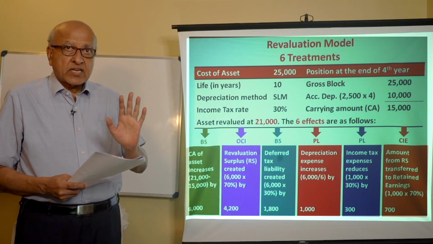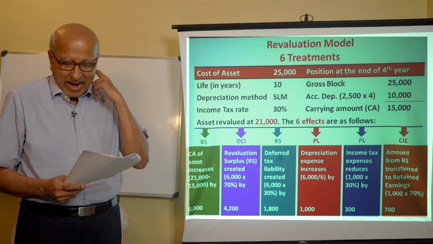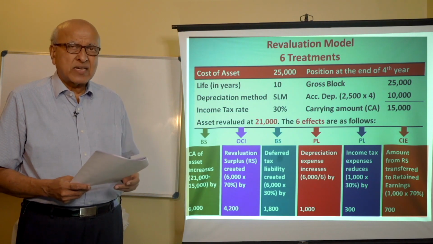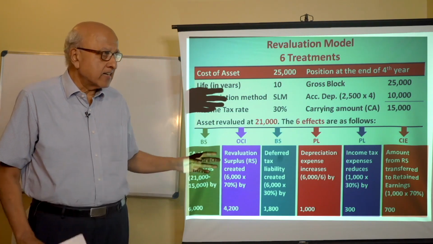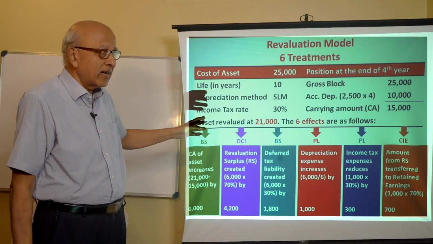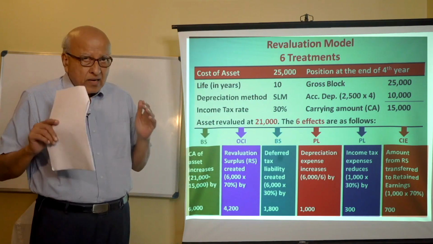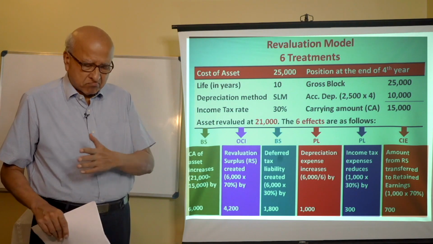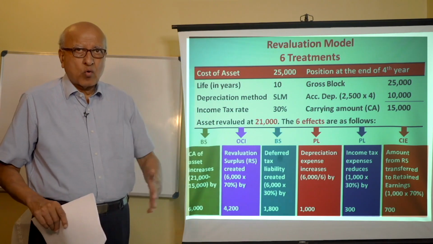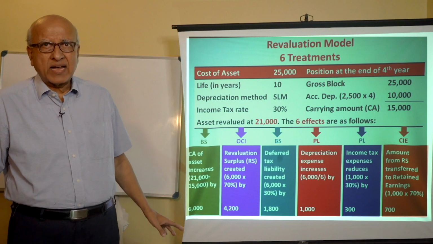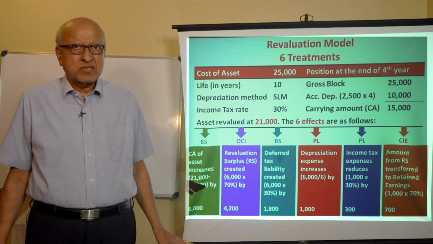In this connection, we need to remember that from a practical viewpoint, revaluation takes place either at the beginning of the period or at the end of the period. Revaluing assets any time during the course of the reporting period will invite more trouble than it solves.